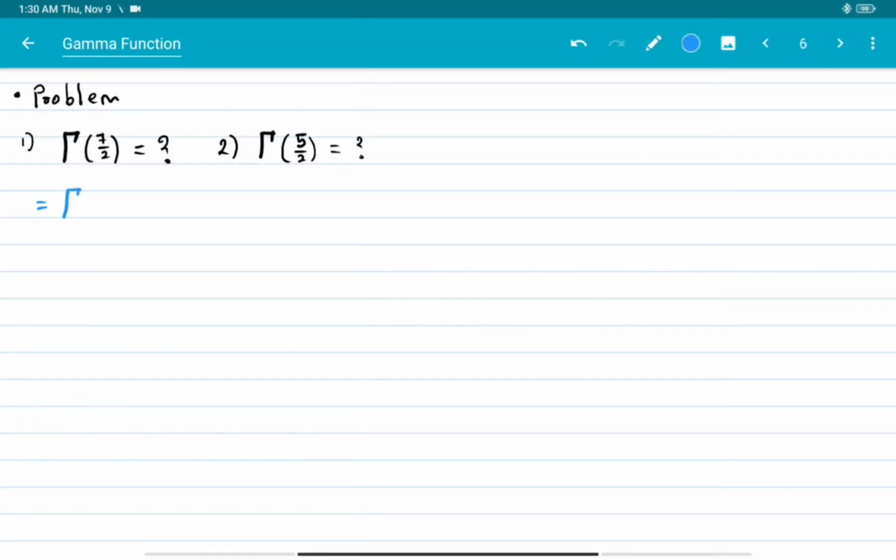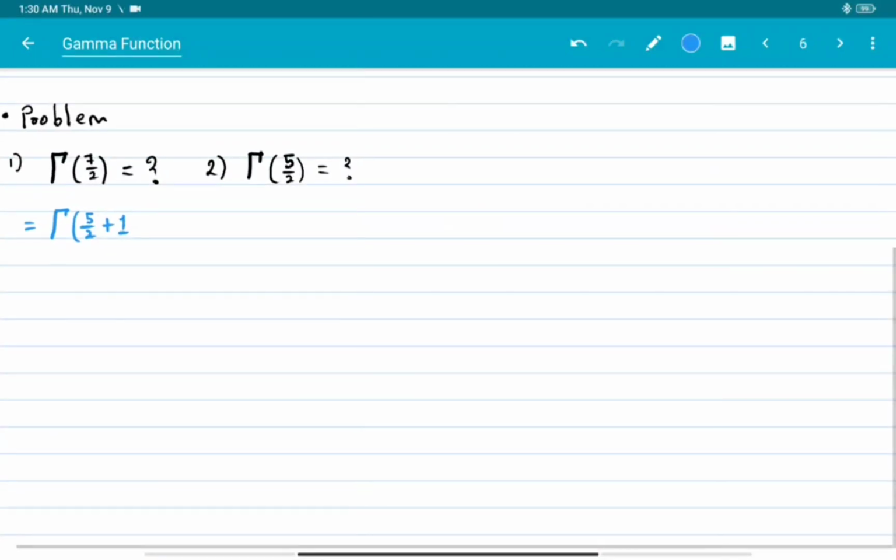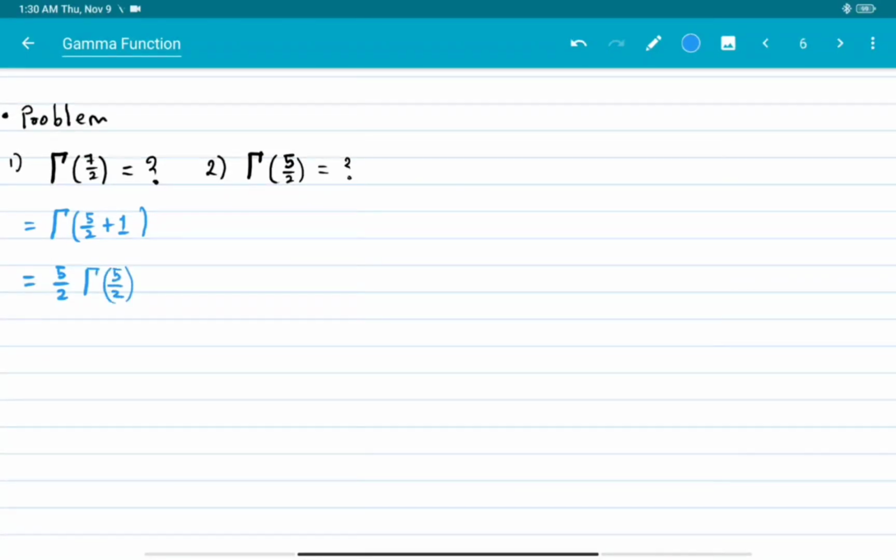So let's split it out. 7/2 can be written as 5/2 plus 1, and we break it down in the form of n gamma n. So that will be 5/2 times gamma of 5/2, since gamma n plus 1 equals n gamma n.